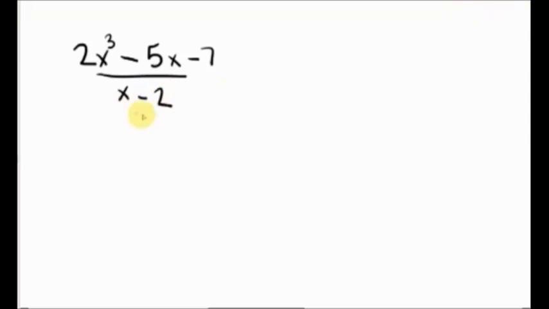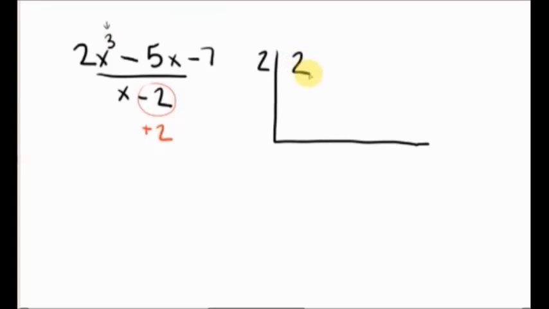Now as usual, you'll take your number and you'll opposite it. So, to set it up, we'll have 2 and weird dividing. This is the highest number, so you'll put 2 here. Since there is no x squared number, you will put a 0 in its place. Then you can continue on with negative 5 and negative 7.